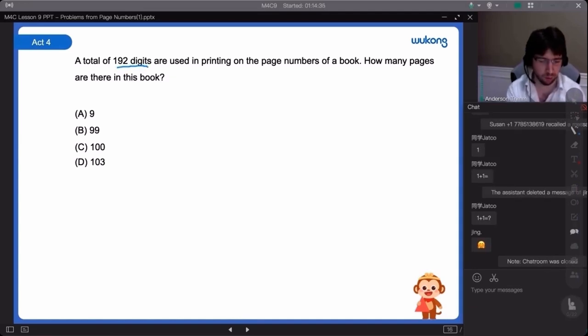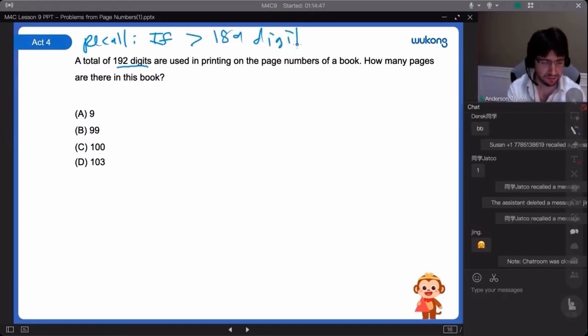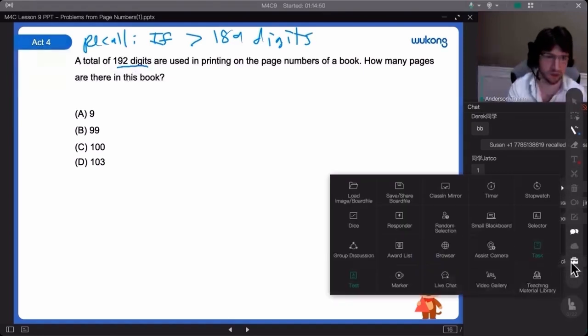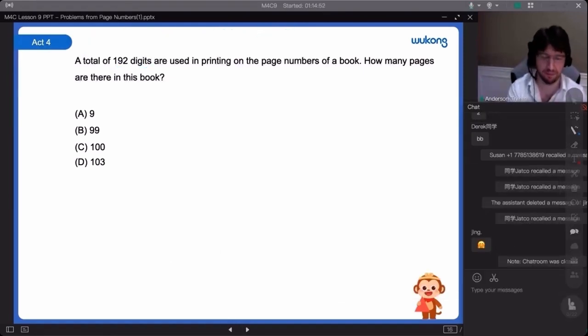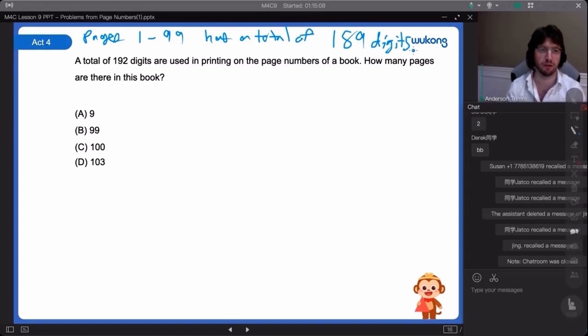So remember what we saw: pages 1 through 99 have a total of 189 digits. No need to keep calculating that over and over again. We saw from the table that that's once and for all.